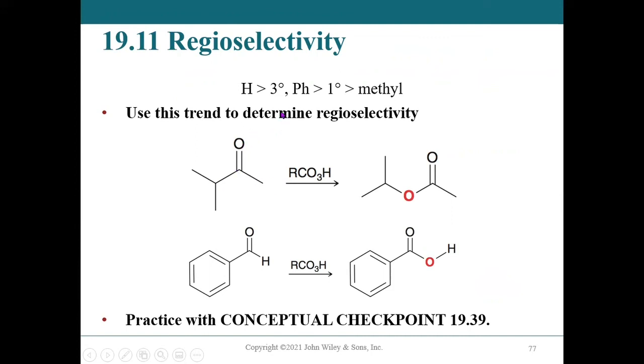So this carbon here is more favored, and therefore we have this product, which means the oxygen is inserted on the left, not on the right. And if we have a hydrogen, hydrogen is definitely favored over this benzene ring. So we will insert oxygen between this carbon and this H, producing this acid.